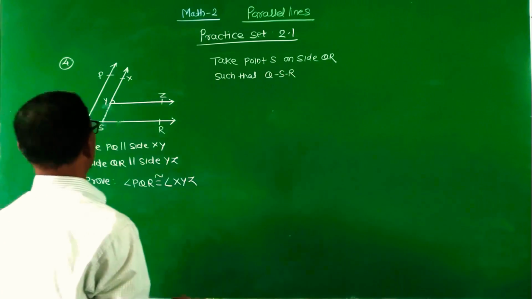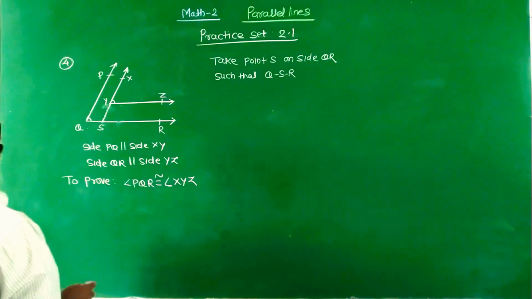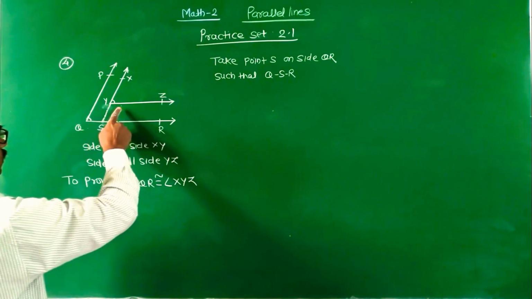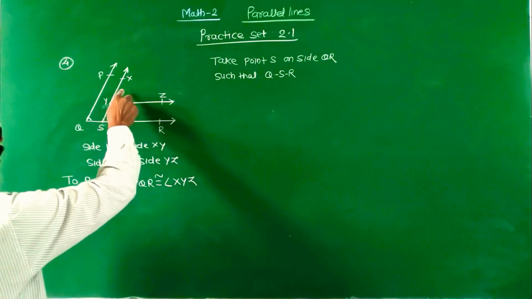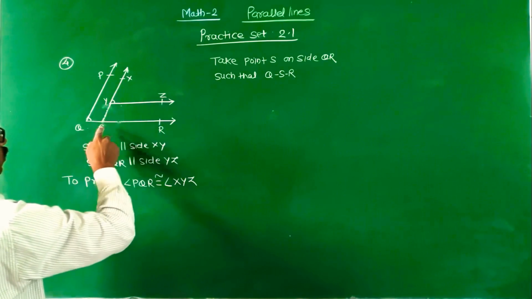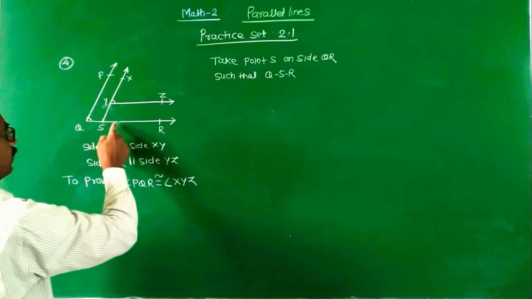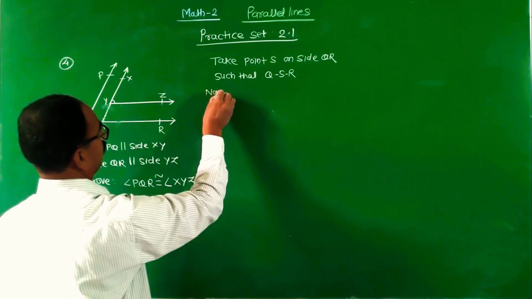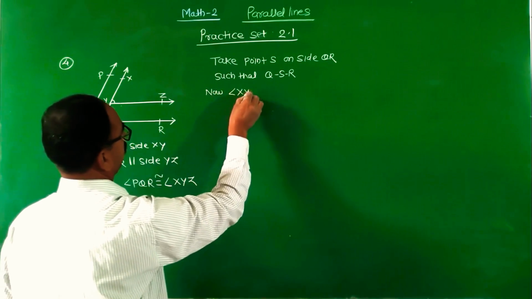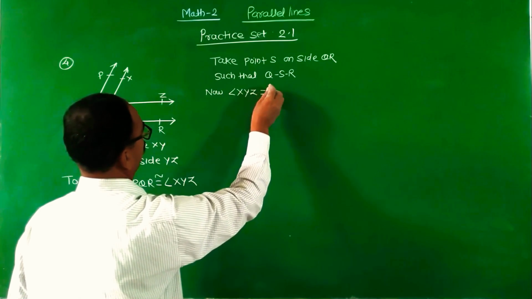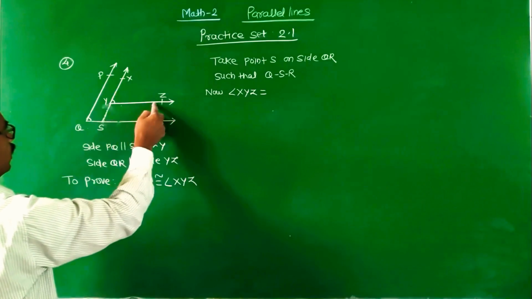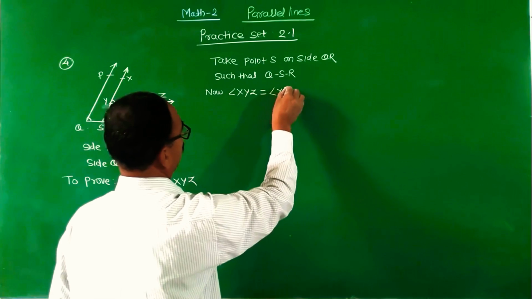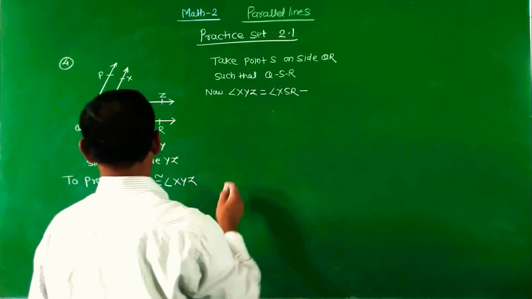So here we can write angle XYZ is congruent to angle XSR, because these are corresponding angles.